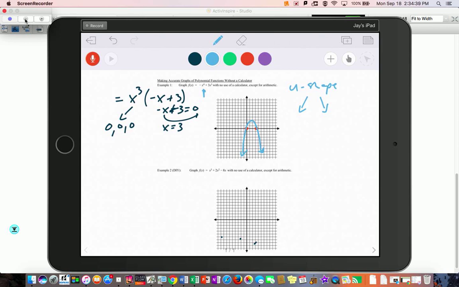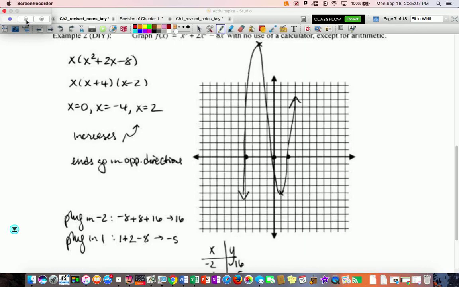So on the next one, the DIY, try to pull out the x, try to factor that quadratic. Go ahead and graph it, and then check your answer. So pause the video now. So here you can see some of the factoring. I pull the x out, have this quadratic, I factor it, I find my zeros. They all have multiplicity of 1. So when you put them on the graph it passes through.